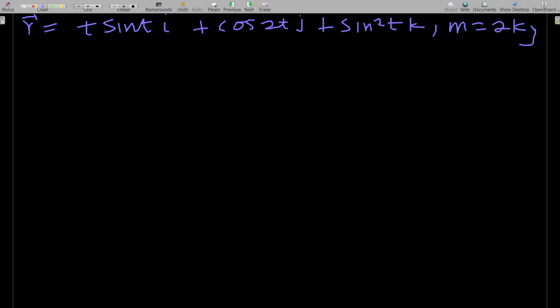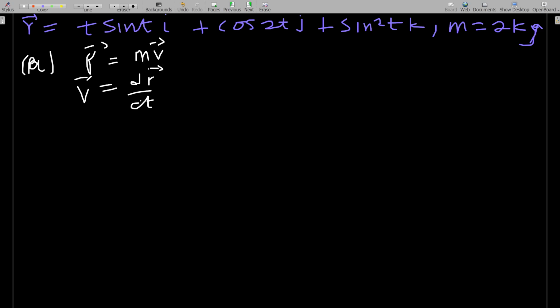You should always write the information that you have. Now the first question A is asking us to find momentum. Momentum is P equal to mass times velocity. But given the position vector, what is your velocity? Velocity is just the derivative of the position vector with respect to time.